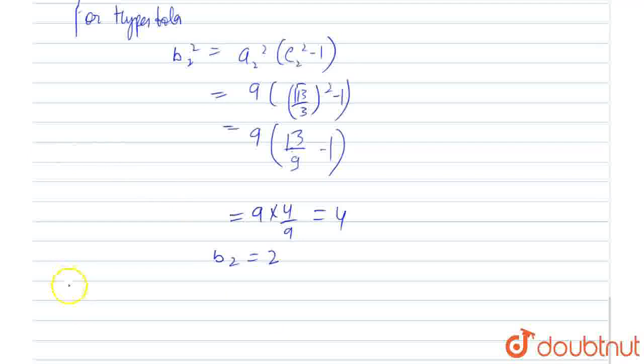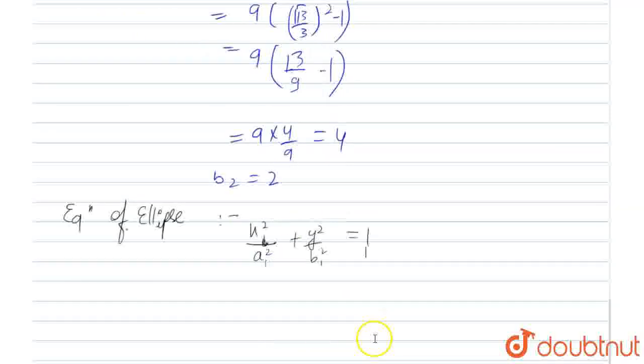So the equation of the ellipse: x square upon a square plus y square upon b square is equal to 1, where this one is a1 and this one is b1. Then we can say x square upon 49 plus y square upon 36 is equal to 1.